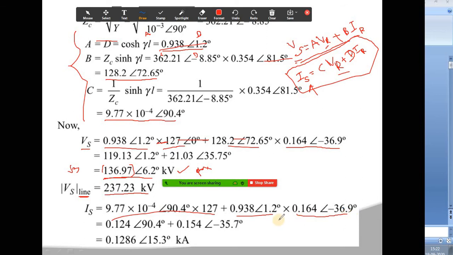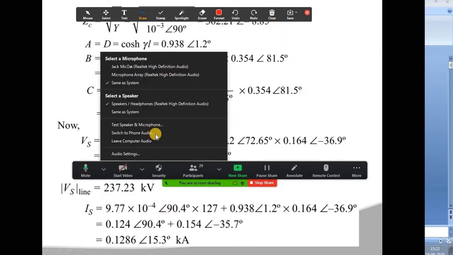If you calculate this, the sending end current is 0.1286 at an angle of 15.3 degrees, in kiloamperes. So now you have the sending end voltage as well as the sending end current.